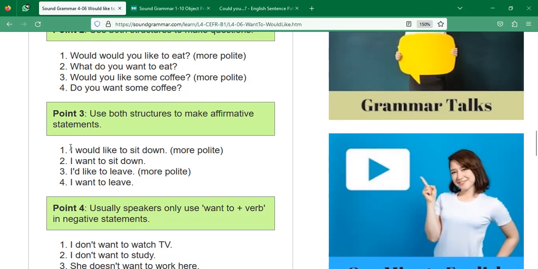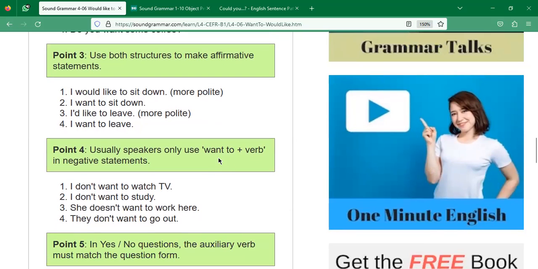Gabriela, can you help me again with the sentences, please? I would like to sit down. More polite. I want to sit down. I'd like to leave. More polite. I want to leave. Excellent, very nice.